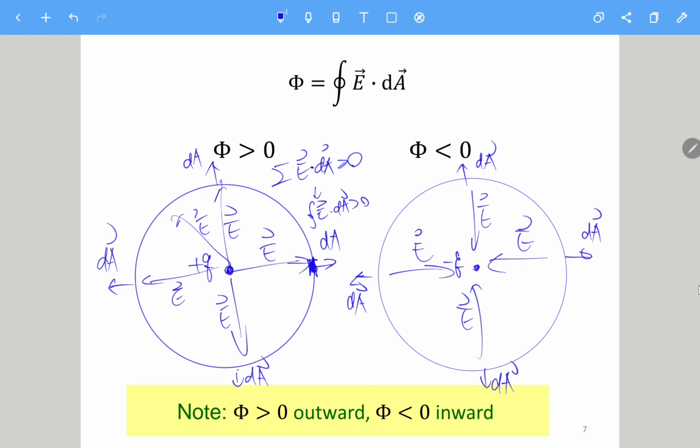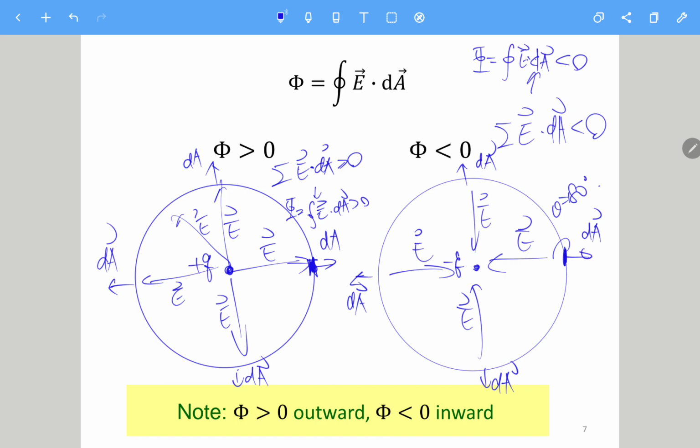So in that case, E and dA point to opposite sides, like theta is 180 degrees. So E dot dA should be a negative value, and for the whole surface it should be negative. You add up all of the negative values and it turns out to be negative. This is the phi.